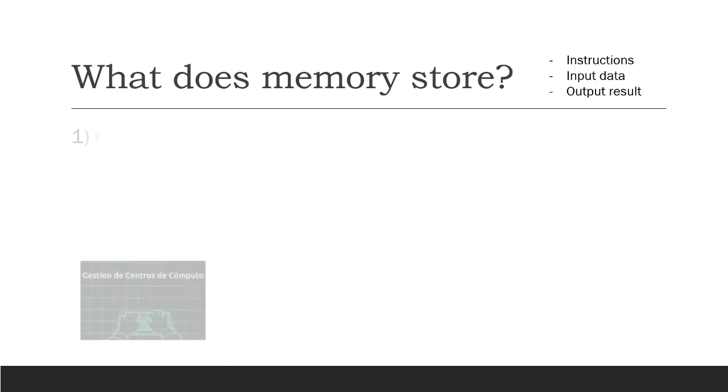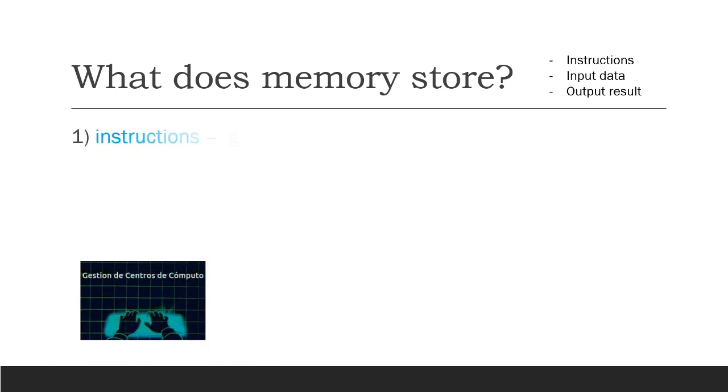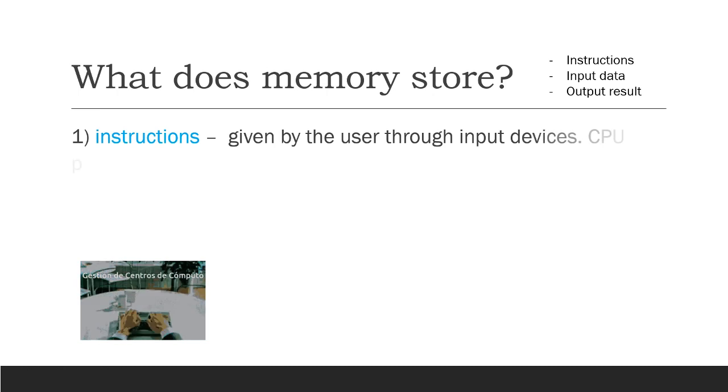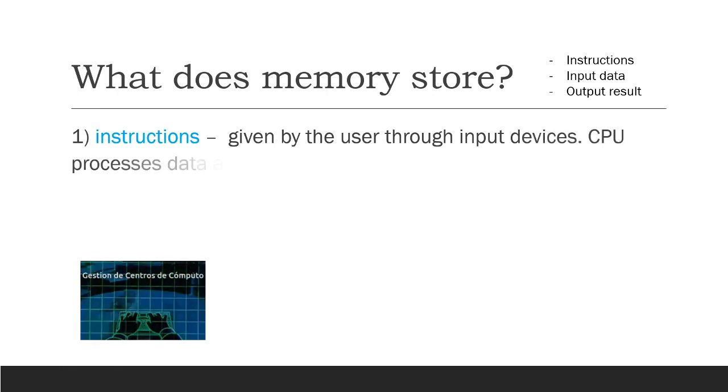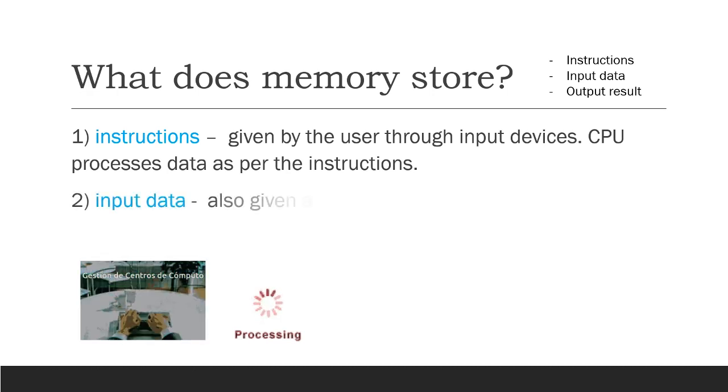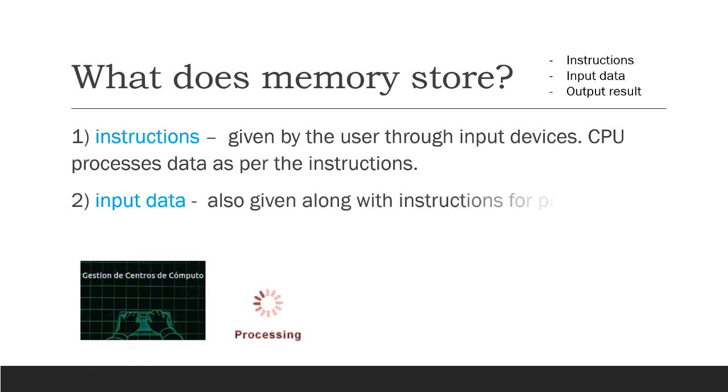First one, instructions. Instructions are given by the user through the input devices along with the data. It is as per the instructions that the CPU processes the data. Now, second, input data. Along with instructions, data is also given, and it is on this data that the process is executed as per the instructions.